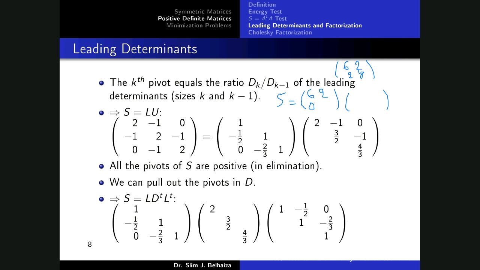How much is it? 8 minus 2 over 6 times 2, right? So it's 8 minus 4 over 6, meaning 8 minus 2 over 3, which is 22 over 3. Okay?